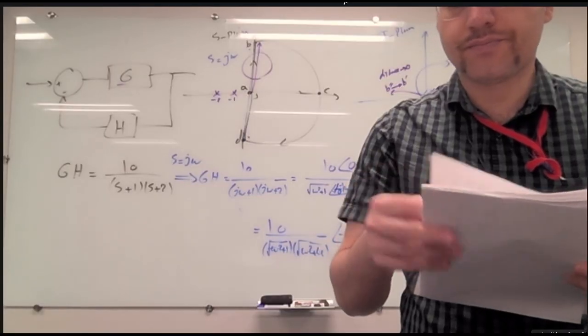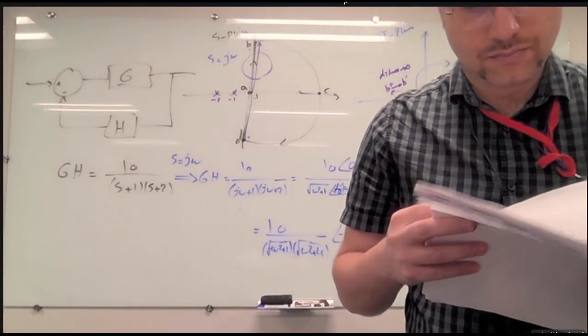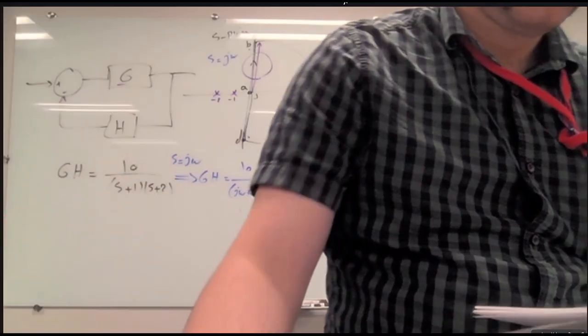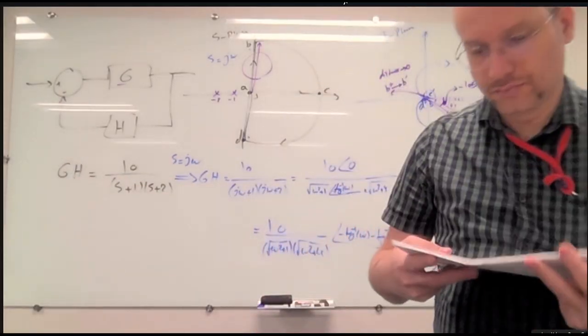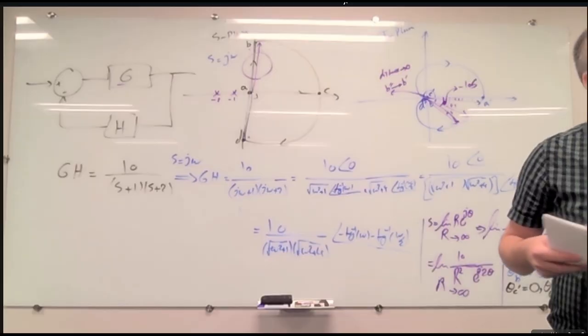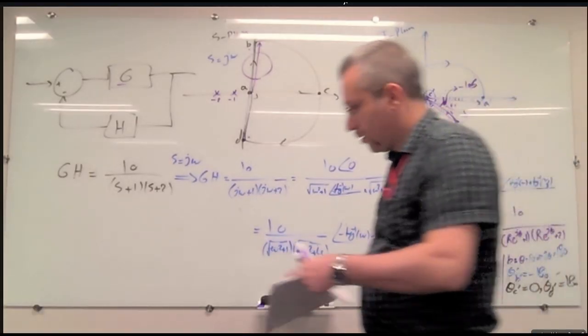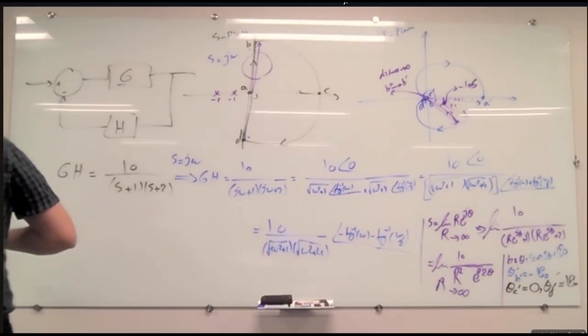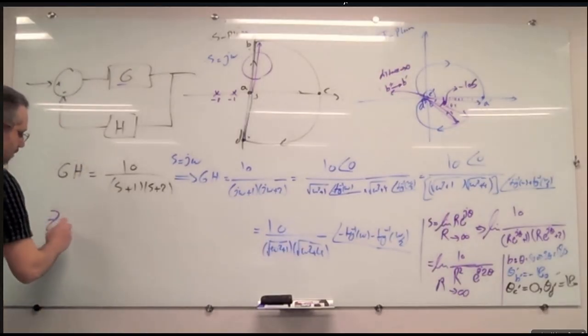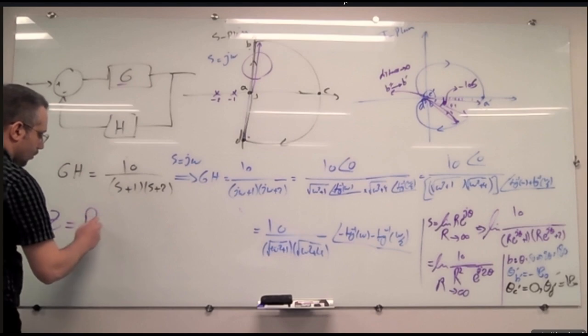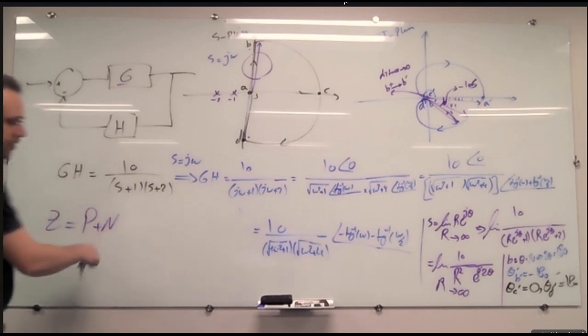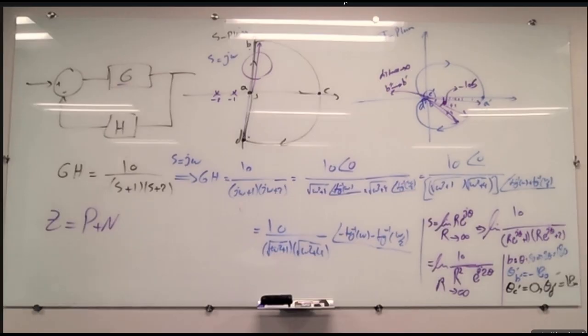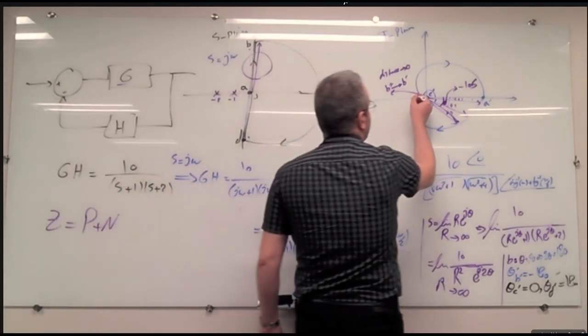What was our condition? We want to see if the number of zeros is equal to the number of poles plus the number of encirclements over minus 1. This is minus 1.